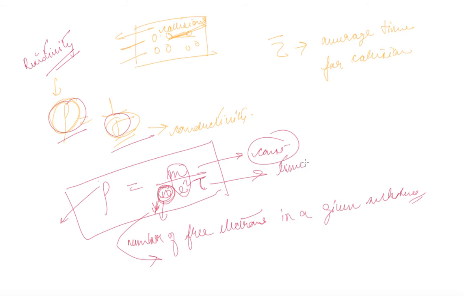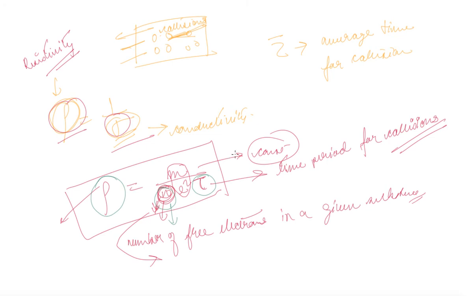So this is the time period for collisions and this is the number of free electrons, and this is your resistivity.